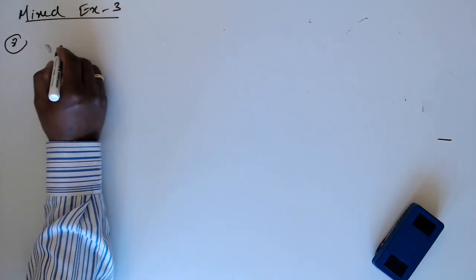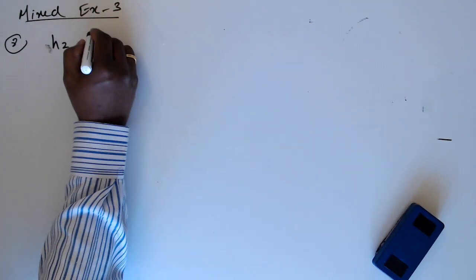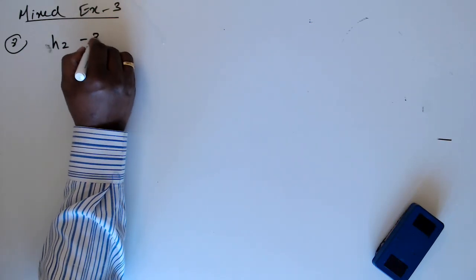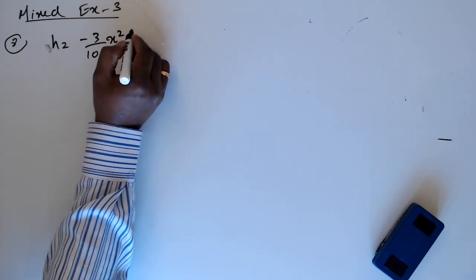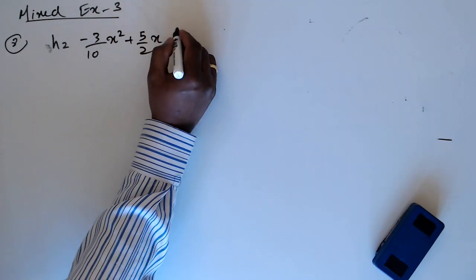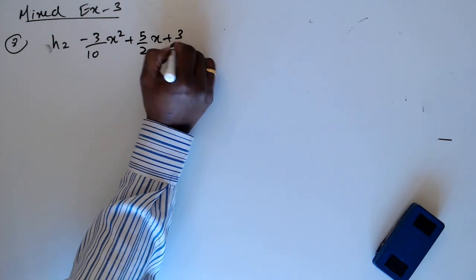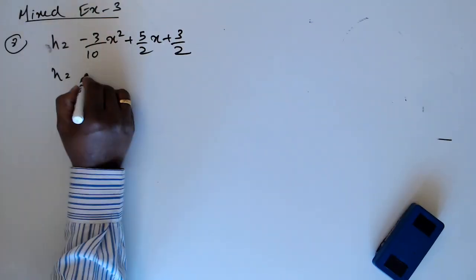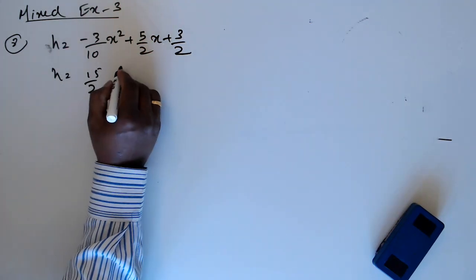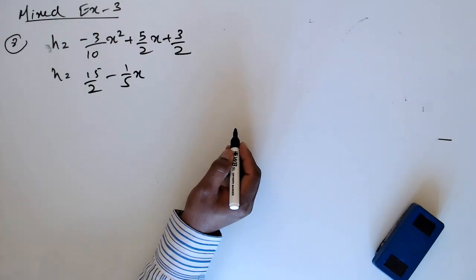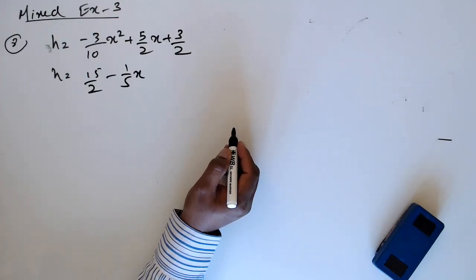Now let's check. h equals minus 3 over 10 x square plus 5 over 2 x plus 3 over 2, and h equals 15 over 2 minus 1 over 5 x. Now we have to solve those two equations.